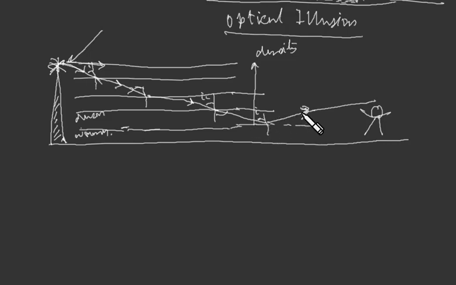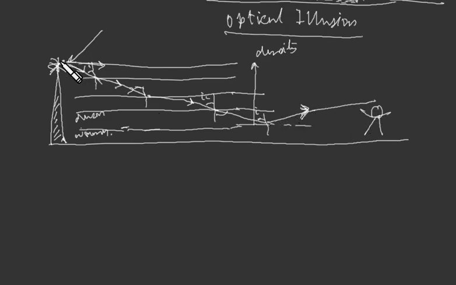That totally internally reflected light comes to our eyes. But our eye cannot track this path of the ray because it can see only straight lines. For our eyes, the light travels in a straight line and we see only the last part of the light.